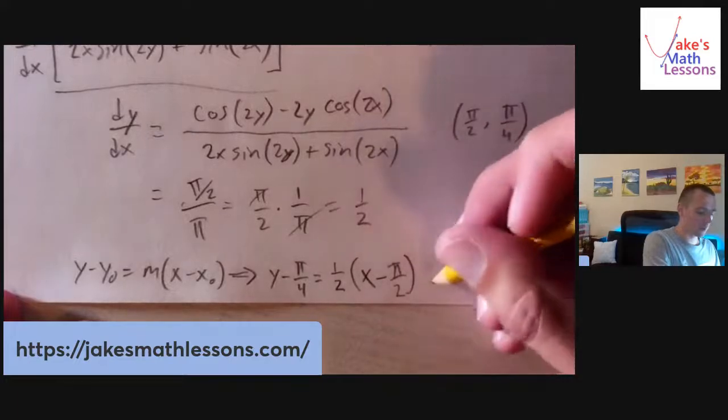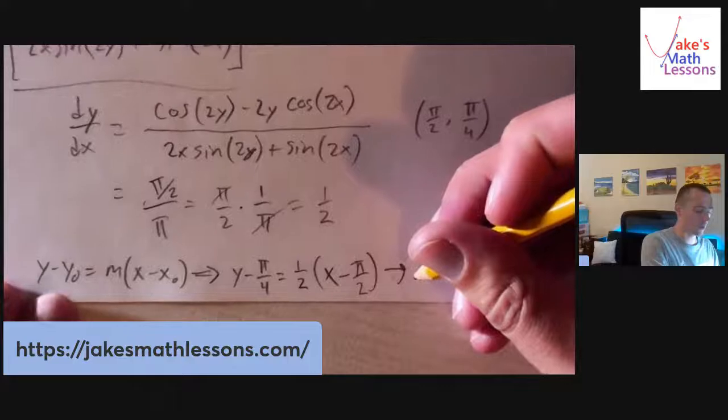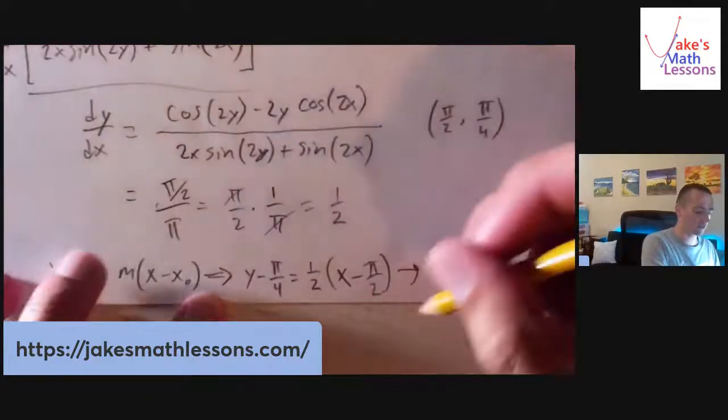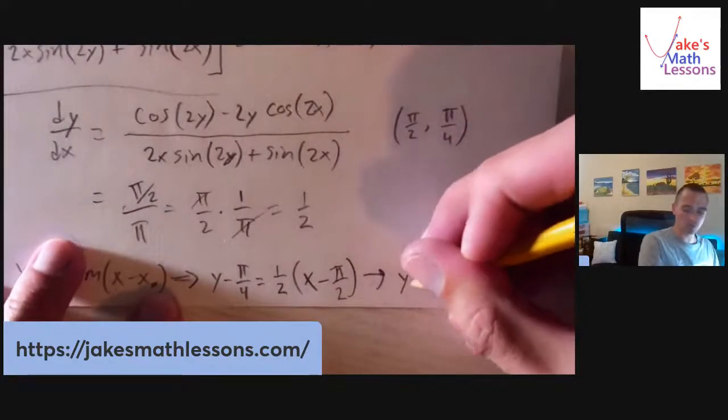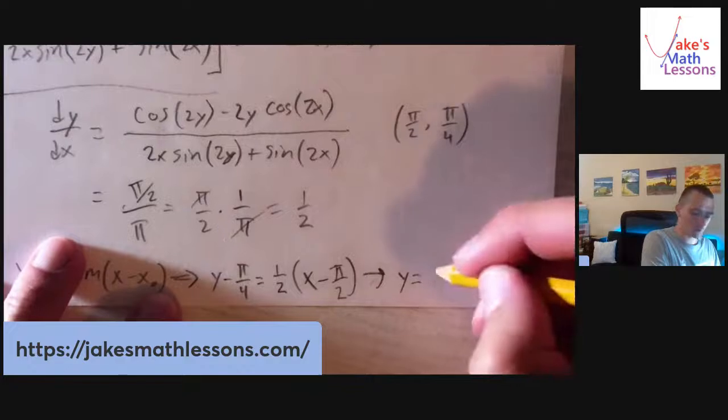Then we can simplify that, and if we get the y all by itself by adding the pi over 4 over, we're just going to get y equals 1/2 x.